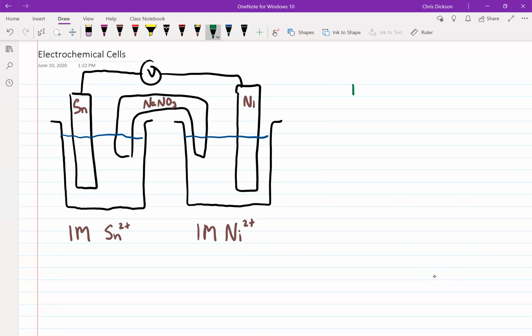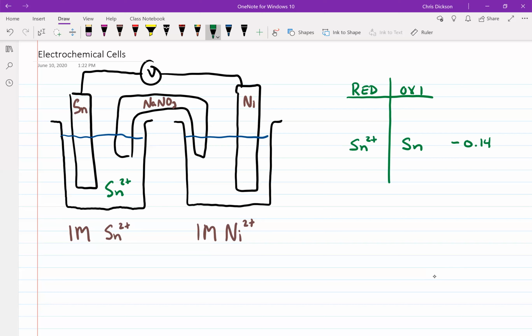So we have reduction, and we have oxidation. And once again, we have all 4 chemicals here, so we need to be careful how we write this. The tin metal is negative 0.14. And then tin ions are there. So we have tin ions and tin metal.